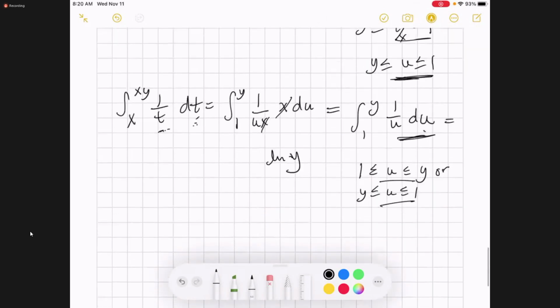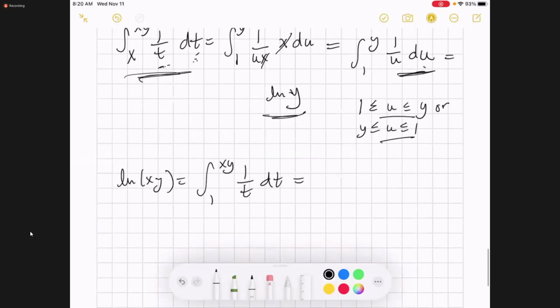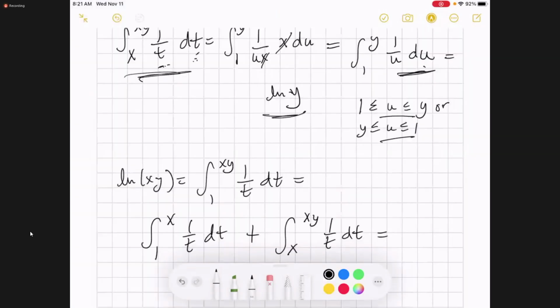So that shows then that this integral is ln of y, and ln of x times y, which is by definition this definite integral from 1 to xy of 1 over t dt. By property of integrals, I can break that into the integral from 1 to x of 1 over t dt plus the integral from x to xy of 1 over t dt.